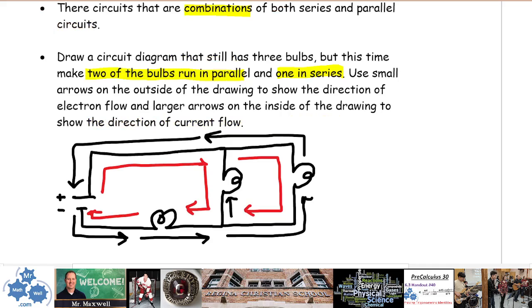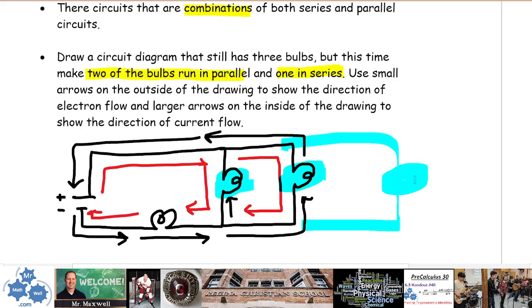Okay, so your drawing may look something like that, or may look a little different. Here's the key. It's probably easier to start with the 2 that are in parallel, right? Those are easy. You know what parallel is. Now, where would you put the 3rd bulb to make it in series? Well, you couldn't make another parallel here. That's not in series, so you're not going to do that. But if you put it here, this would be just 1 bulb that's in series. If you put it over here, then you'd have 2 bulbs that would be in series.